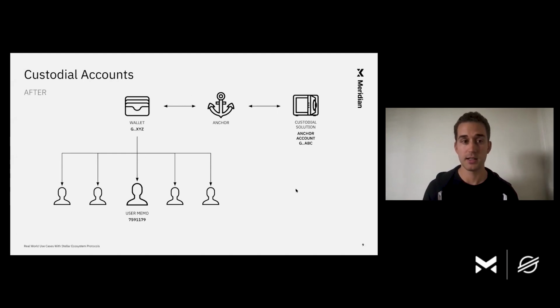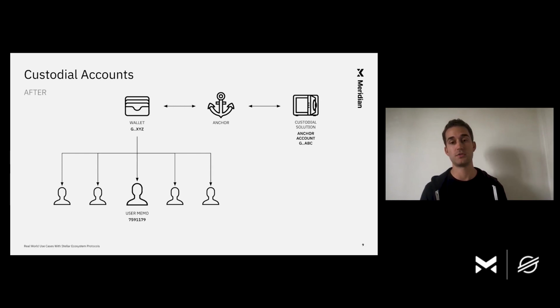So as I was saying, this model can get a little more complex because sometimes the owners or managers of pool accounts don't want to manage the pool account. They want to add greater security and use a solution that specializes in securing these funds. Especially if they're pooled, they have a lot of funds in them, so using a custodial solution is very important.